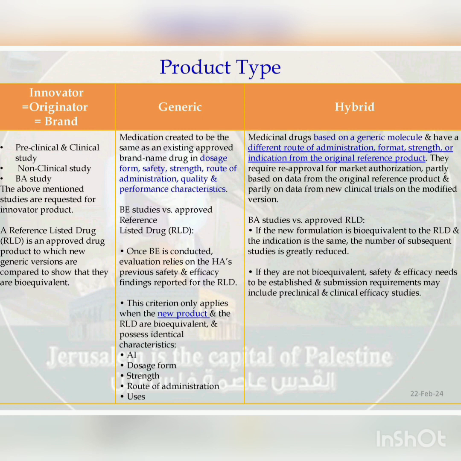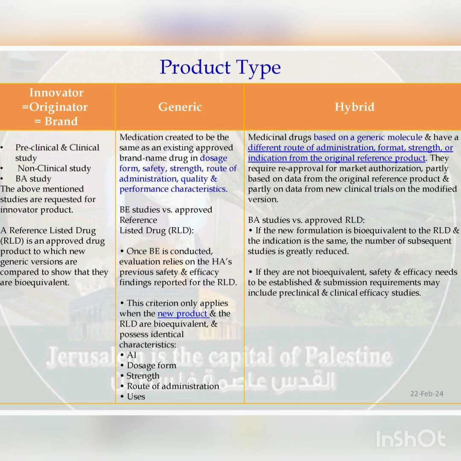The registration dossier of this product type must include preclinical and clinical studies, non-clinical study, and bioavailability study. So that means the above-mentioned studies are obligatory to be provided for the innovator product in the initial application submission for the registration process.